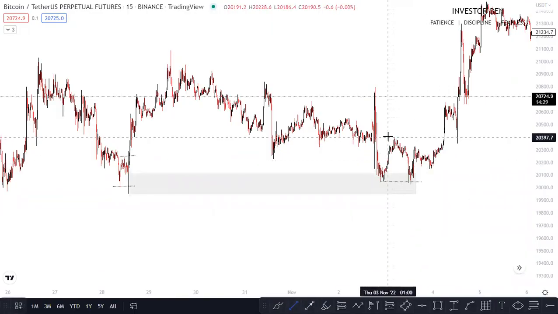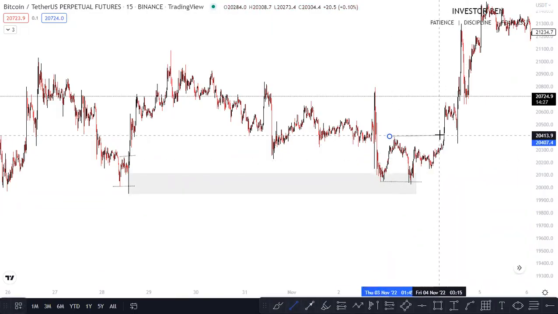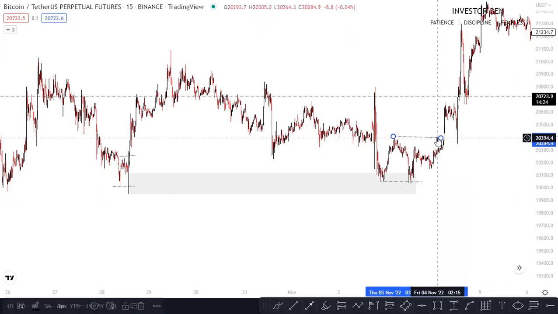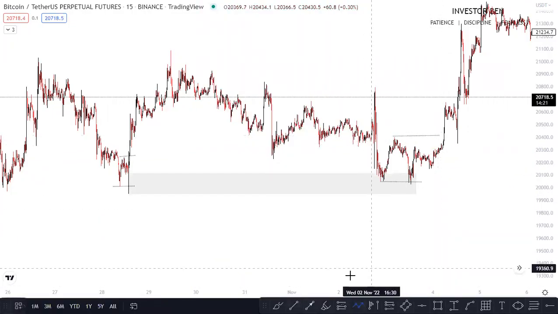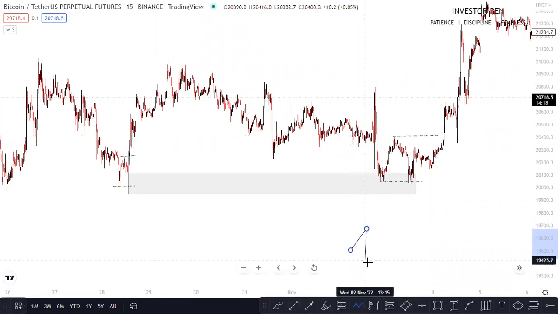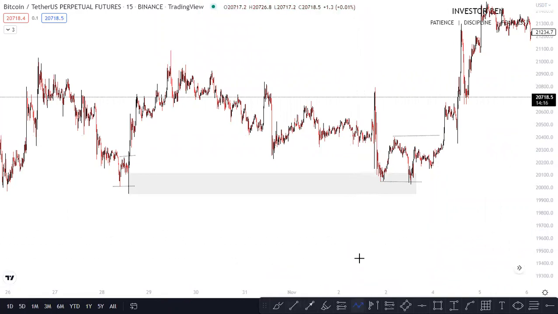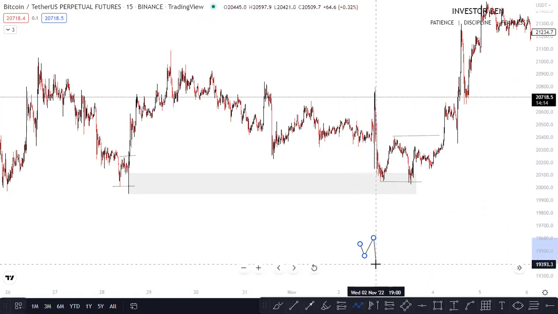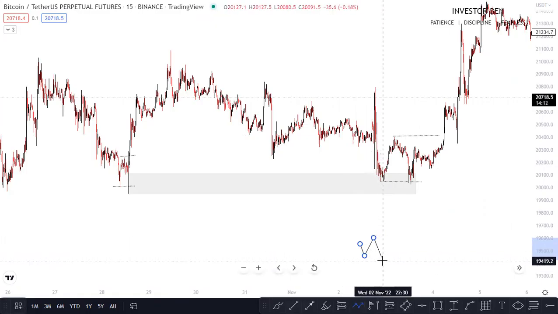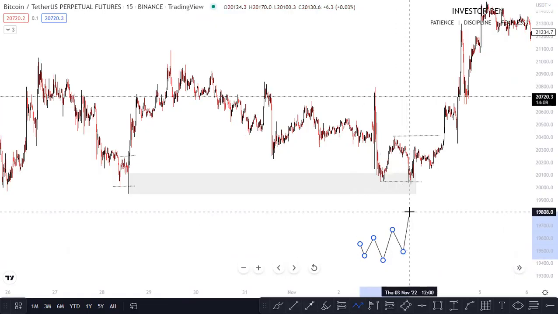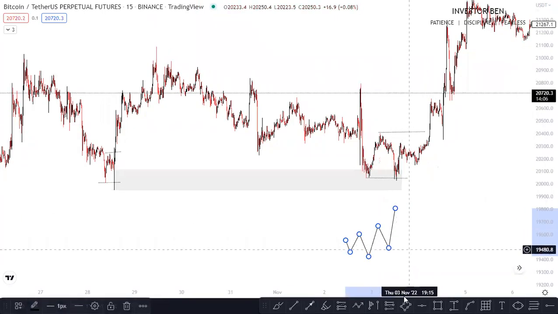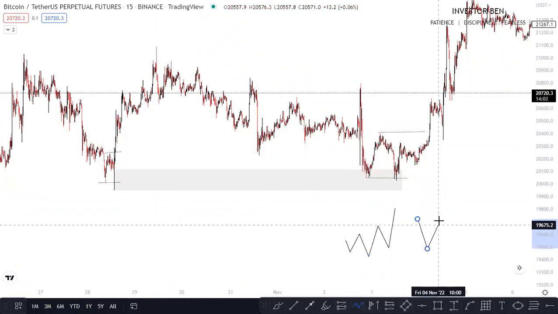From a macro level, this is the kind of prints we had here. We didn't have a change of character like this. We didn't have something like this. We have something that has already made a move inside.